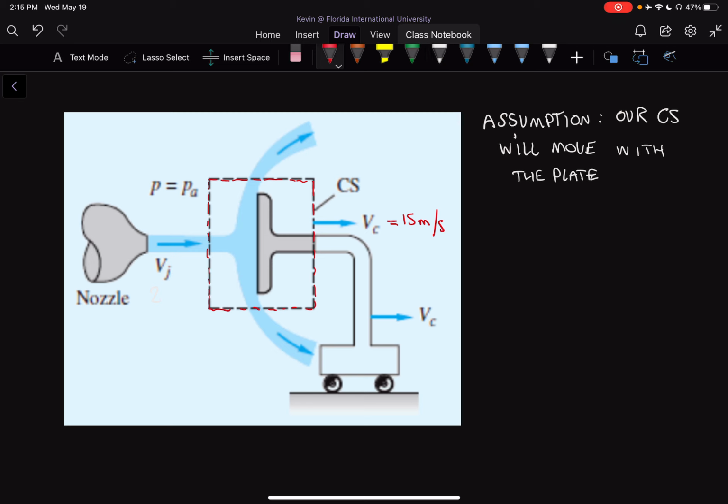So the velocity out of the jet is higher than the velocity of the cart moving. The cart moves at 15 meters per second. The jet has water coming out at 20 meters per second.